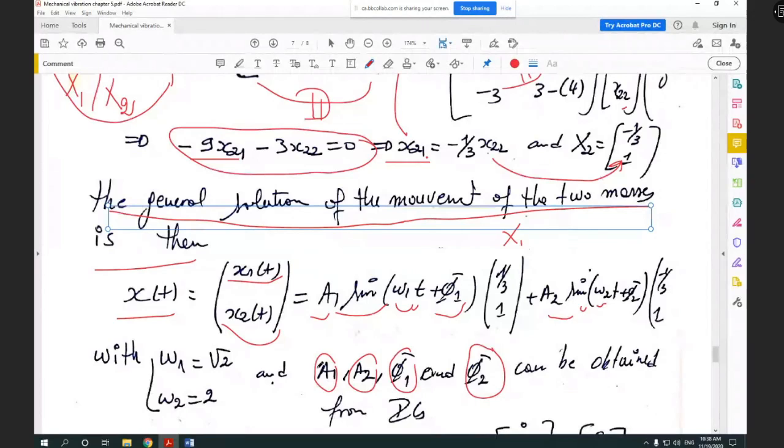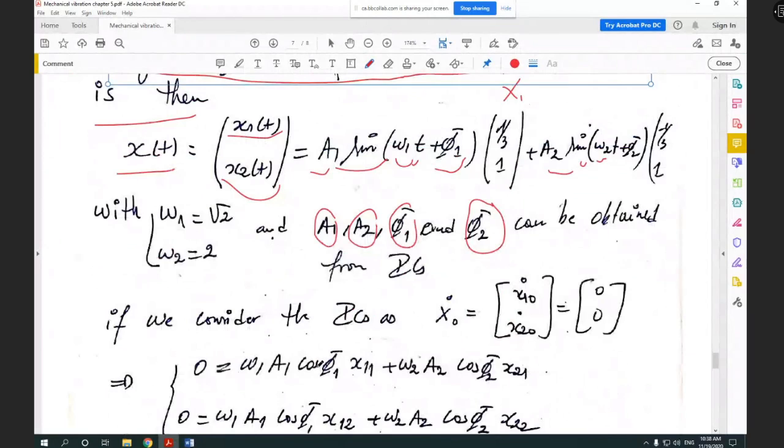So normally we will obtain four conditions. Let's give an example, supposing the initial velocities are 0, meaning the initial velocity of the first mass and the initial velocity of the second mass are 0.